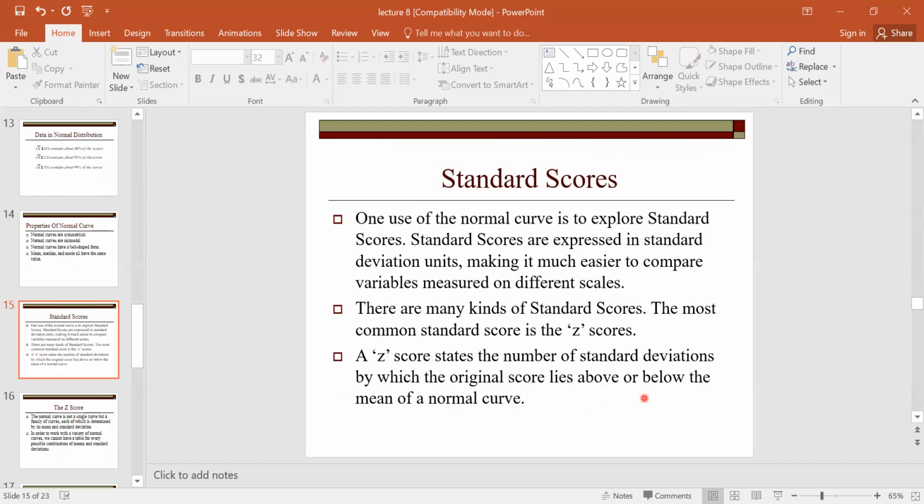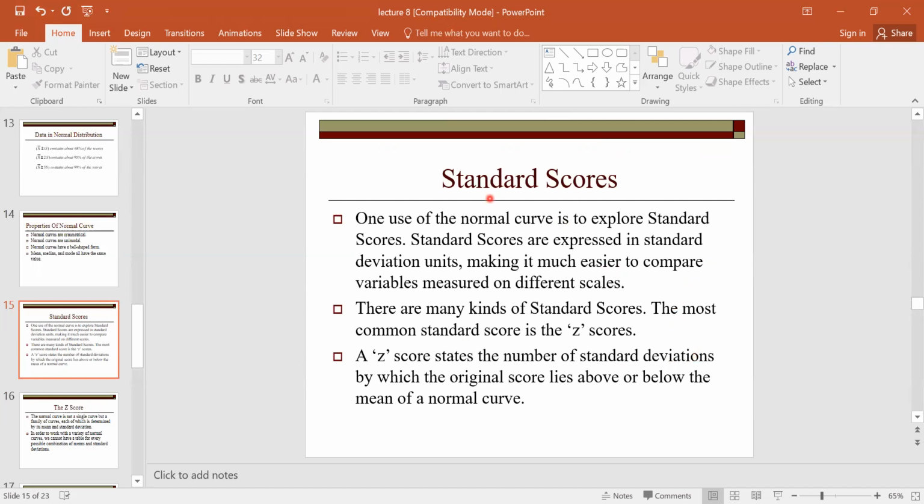This is one more beautiful characteristic of the normal curve, that when we use it, it explores the standard scores. By standard score, we mean that we express values in standard deviation units, making it much easier to compare variables measured on different scales. There are many kinds of standard scores.